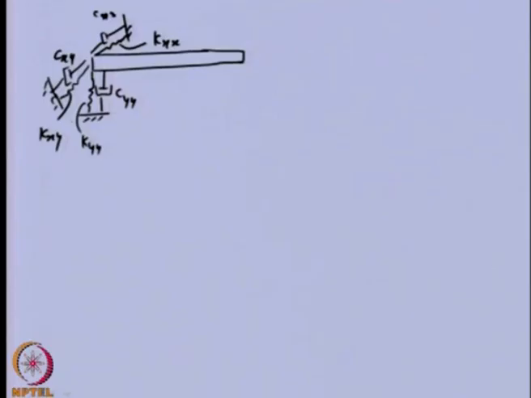Similarly, we will have another cross coupled term. So, these are K_yx and C_yx. And this is one end of the bearing. Similarly, the other end of the bearing will have these terms.